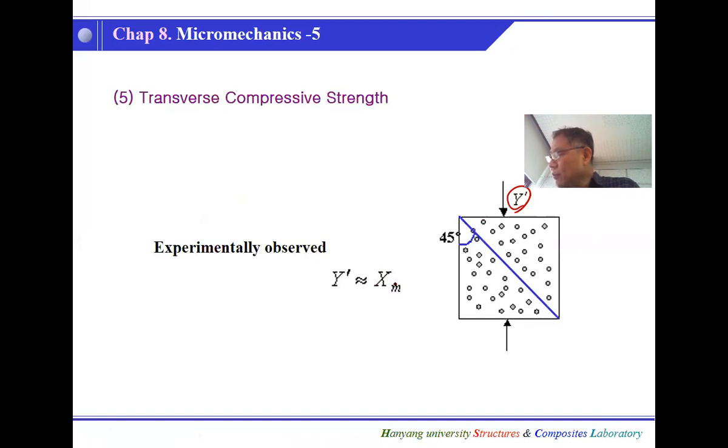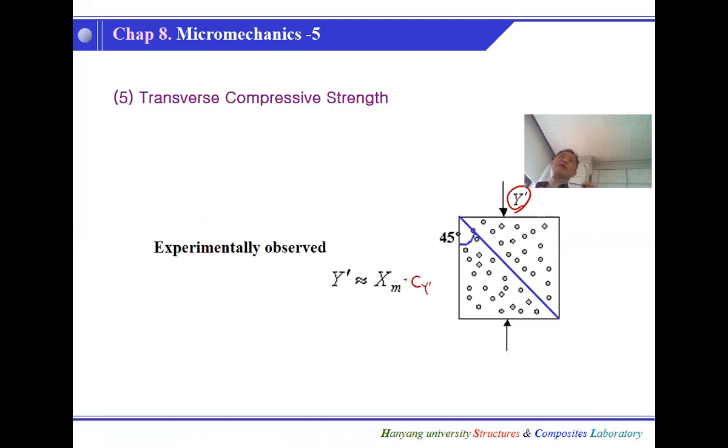XM is the resin tensile strength, but for this one, you can also introduce some factors. Y prime, some factors.